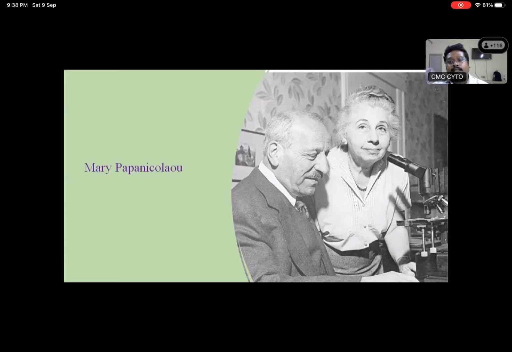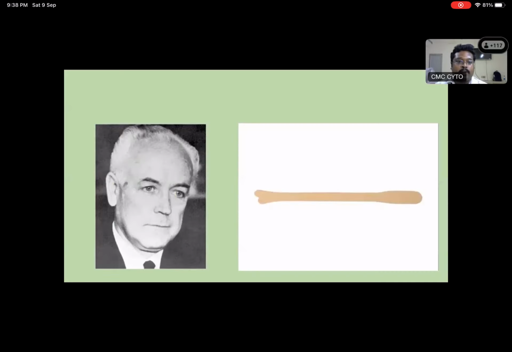He wanted to examine the cytological aspects of gynecological cancer, but the comparative samples where he examined the normal cells from the vaginal canal came from his wife. For almost 20 years, she helped him collect samples from herself and contributed so much to the development of the pap smear, as we actually call it.